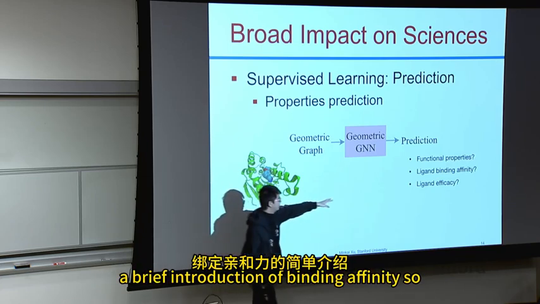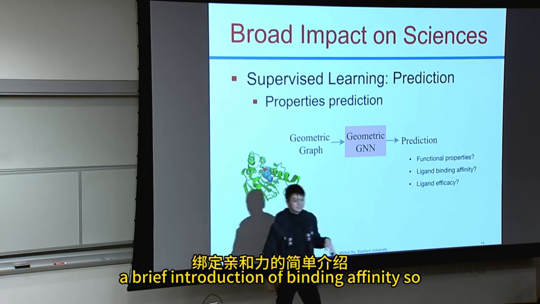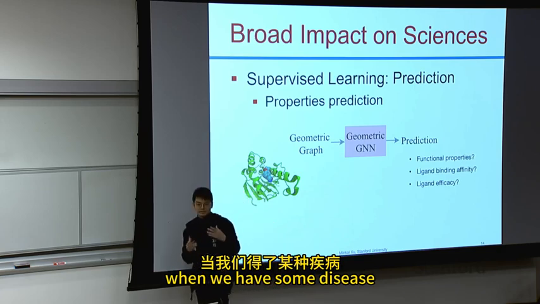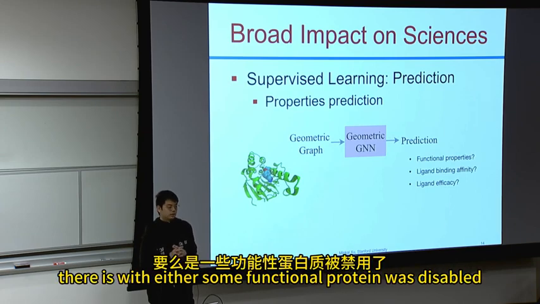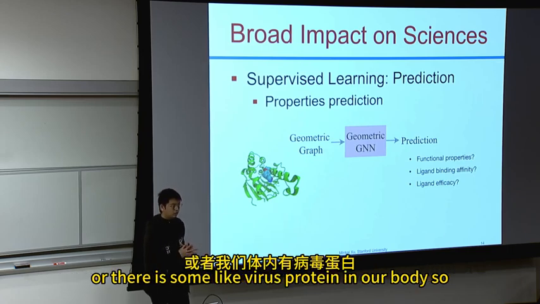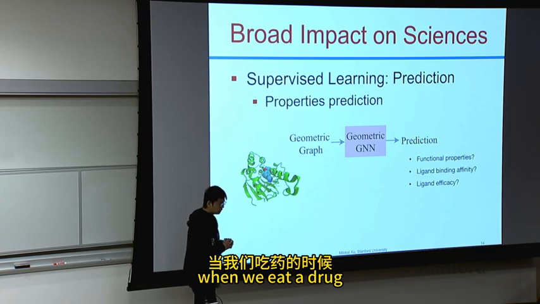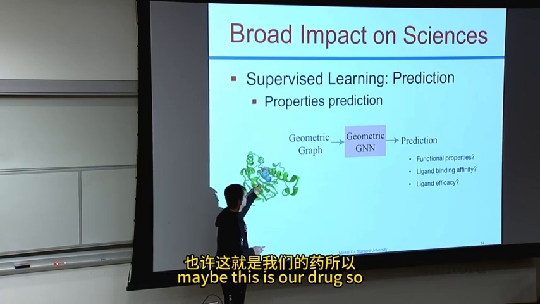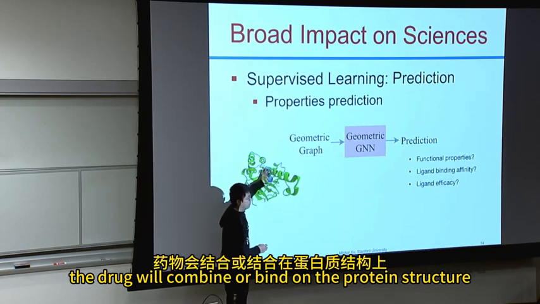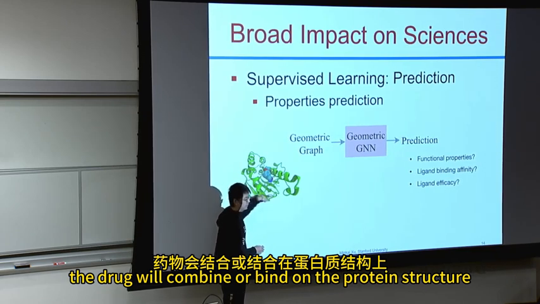A brief introduction of binding affinity. When we have some disease, I think the majority of diseases are because of some protein. Either some functional protein was disabled or there is some virus protein in our body. When we eat a drug, maybe this is our drug, the drug will combine or bind on the protein structure.